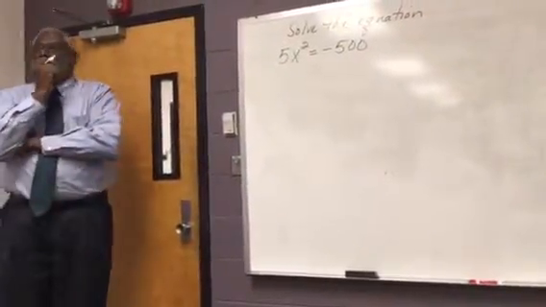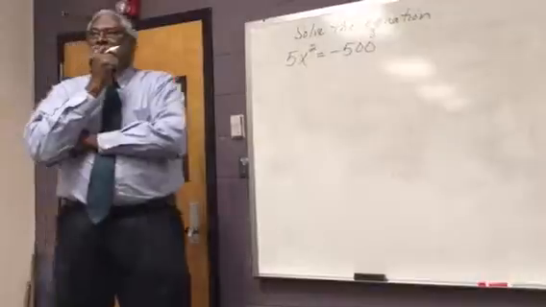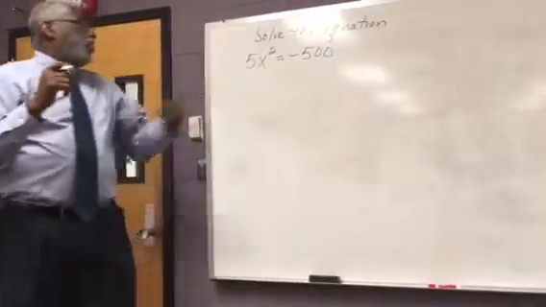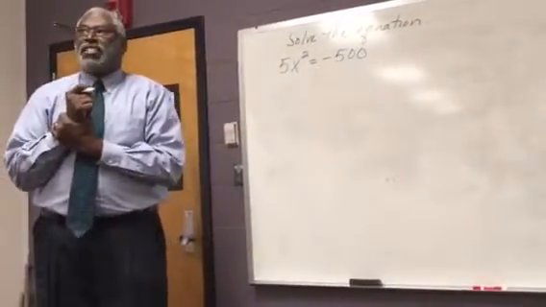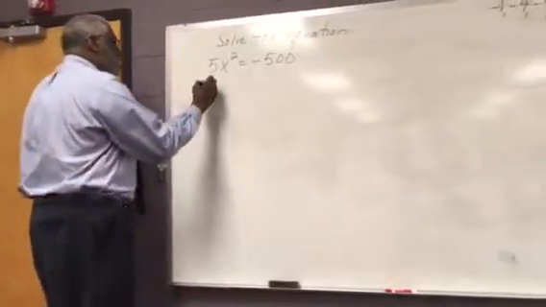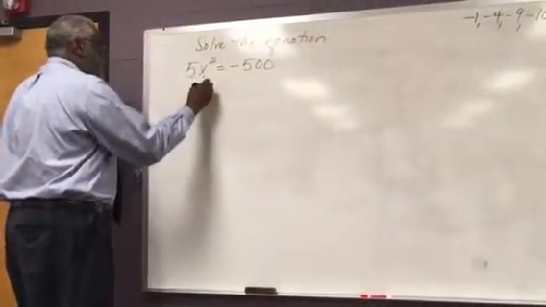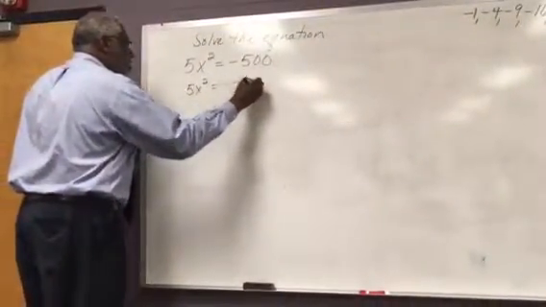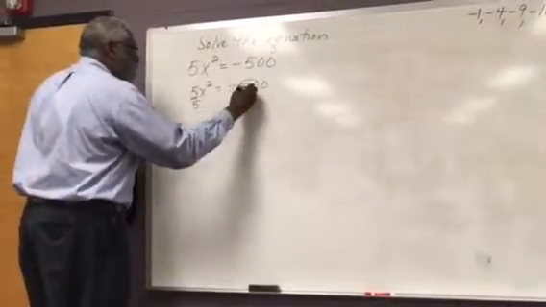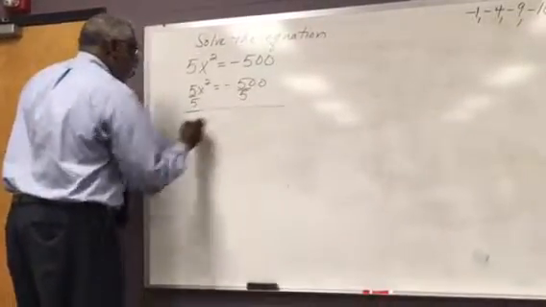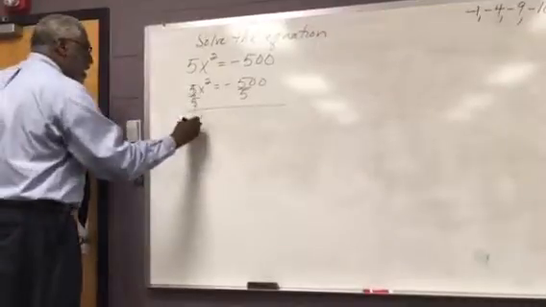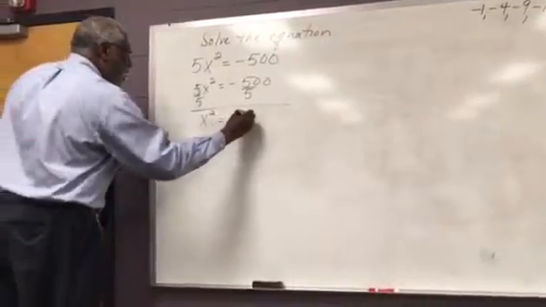The first thing we're going to do is treat this just like an equation. Step 1 is to divide both sides by 5. So we have 5x squared equals -500, divide both sides by 5, and what I have here is x squared equals -100.